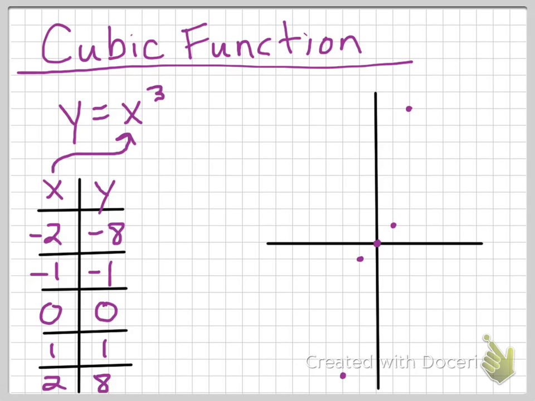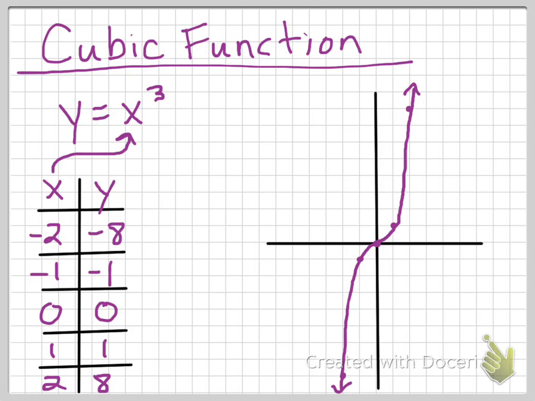So you can see this time, as I connect these, that it curves down on one side and it curves up on the other side, whereas a quadratic curved up on both sides, or it could curve down on both sides. A cubic is opposite. It goes down on one side and up on the other side.